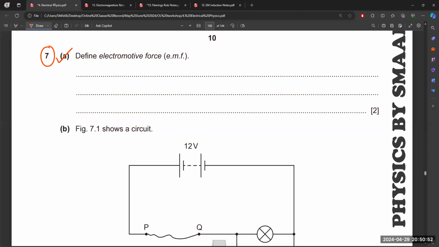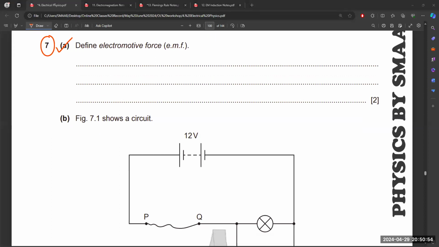Basically, EMF is linked with the battery and it is the voltage of the battery.